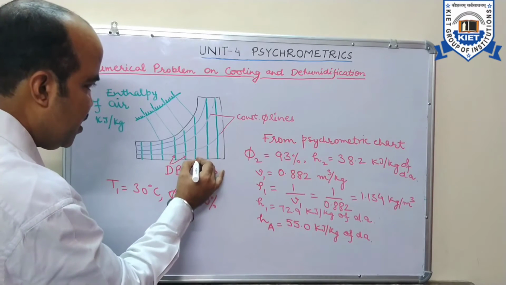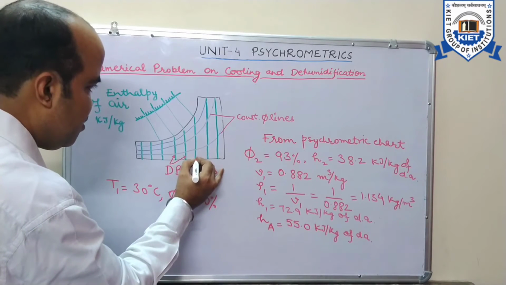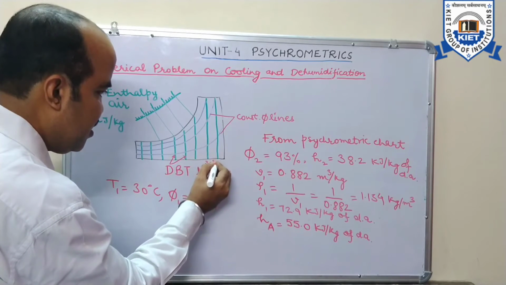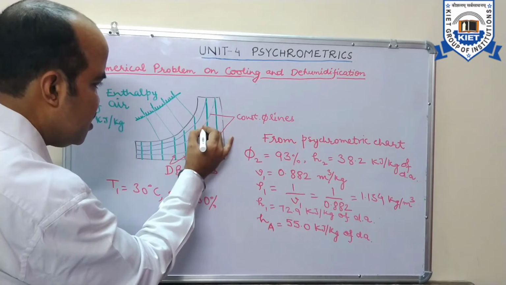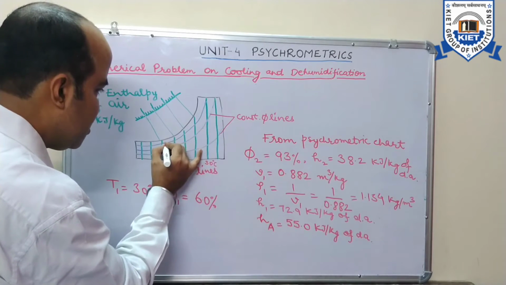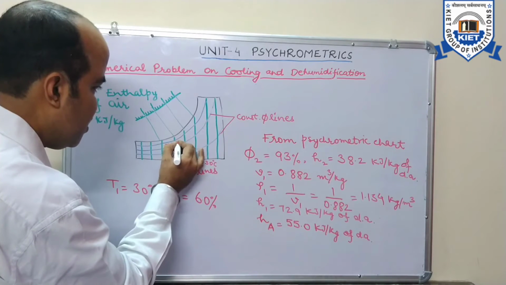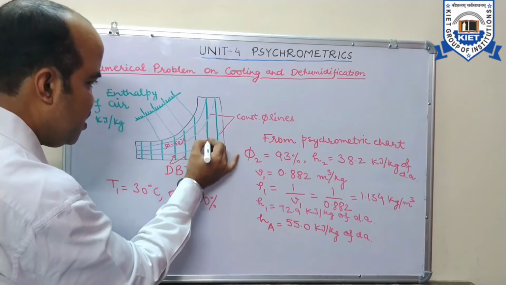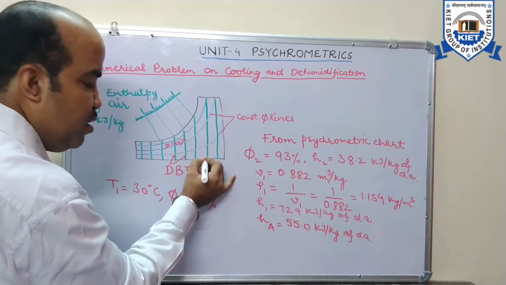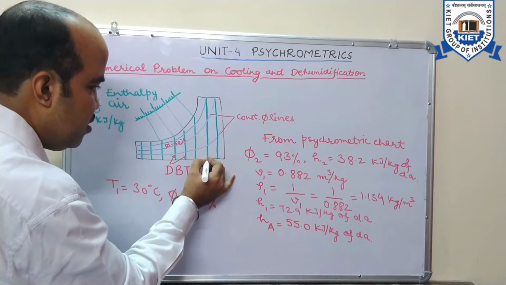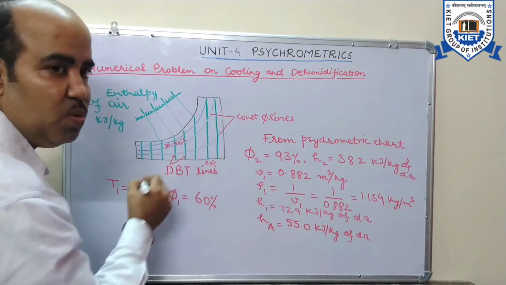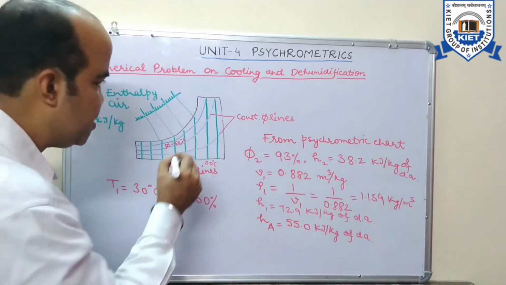So I am assuming that point number 1 lies on this 30 degrees Celsius line, and you have to see the intersection of this 30 degree vertical line with the curve corresponding to relative humidity equal to 60%.